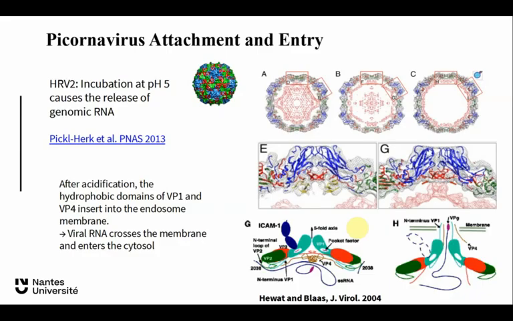Okay, so VP4, which has hydrophobic peptides, and VP1, which has hydrophobic domains, are all going to project into the endosome membrane, and that will form a pore across the membrane that's continuous with the particle, but you can't see it in these images here. And that's where the viral RNA comes out.